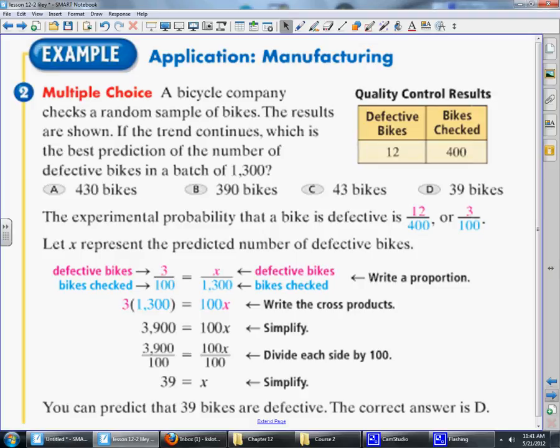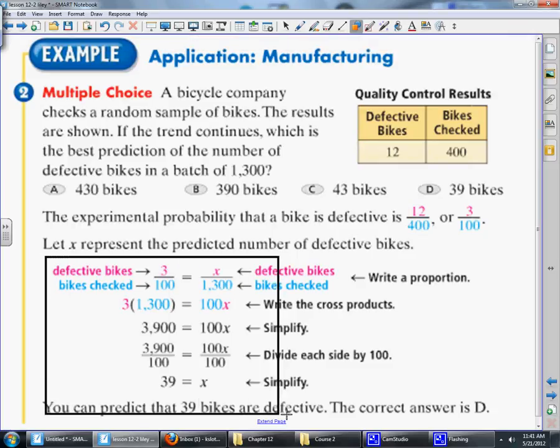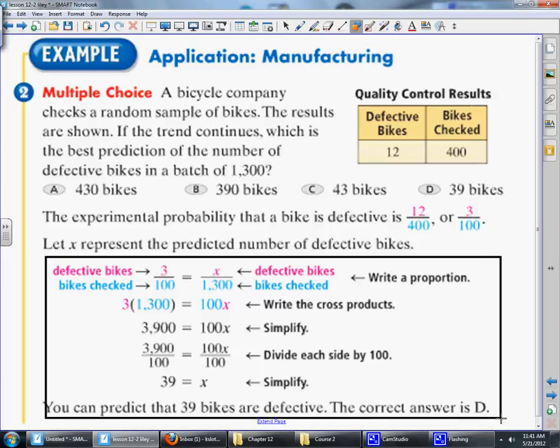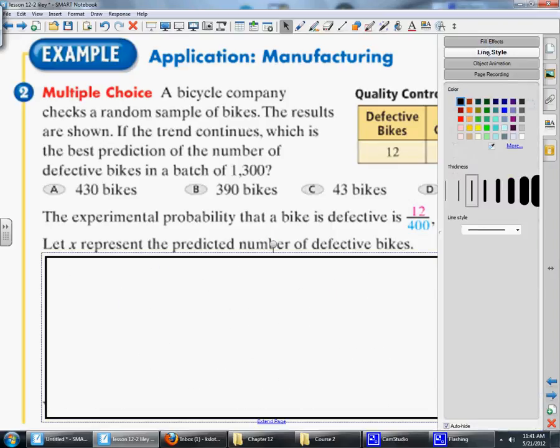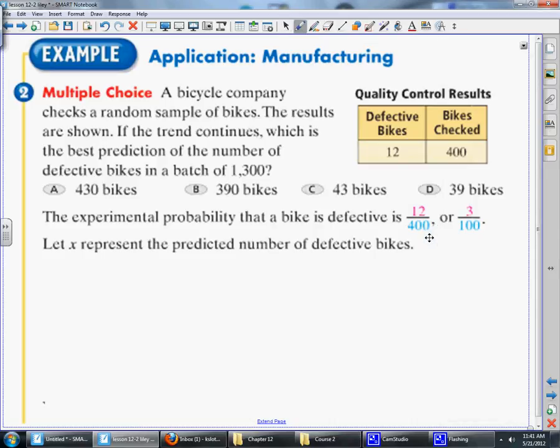So we're going to go back to using proportions.